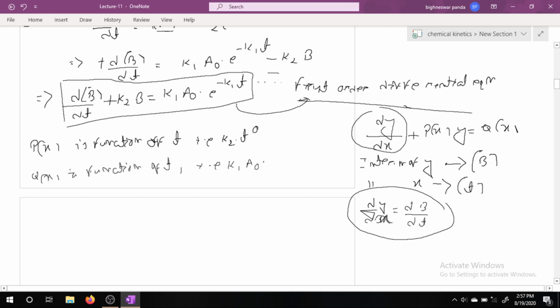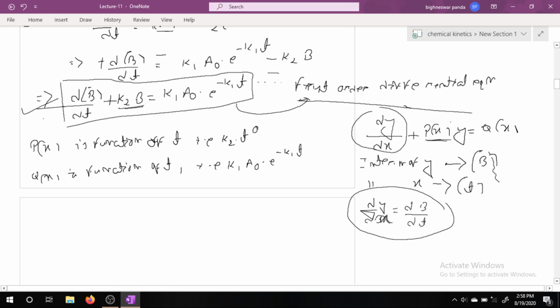In terms of P of x I can put K2 into t to power 0, in terms of y I can put B, so here I get K2 into B. In terms of Q of x I can put K1 into A naught into e to power minus K1t.